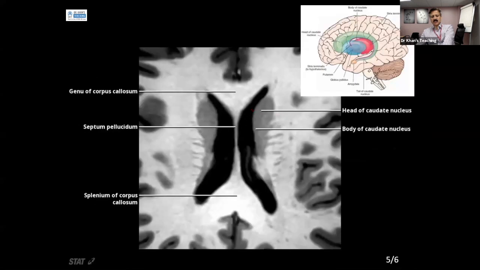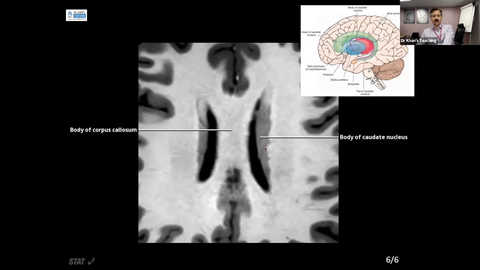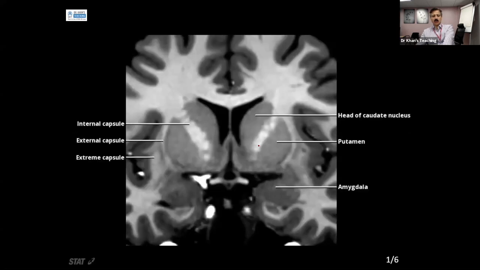And you can see that here we are at the level of the body. And even here, the caudate is visible. Why? Because of this concept that it is C-shaped and it is still visible. So this is the body of caudate nucleus, which is next to the body of the lateral ventricle. So this point I want you to remember. Still visible here, isn't it? So it goes all the way up.